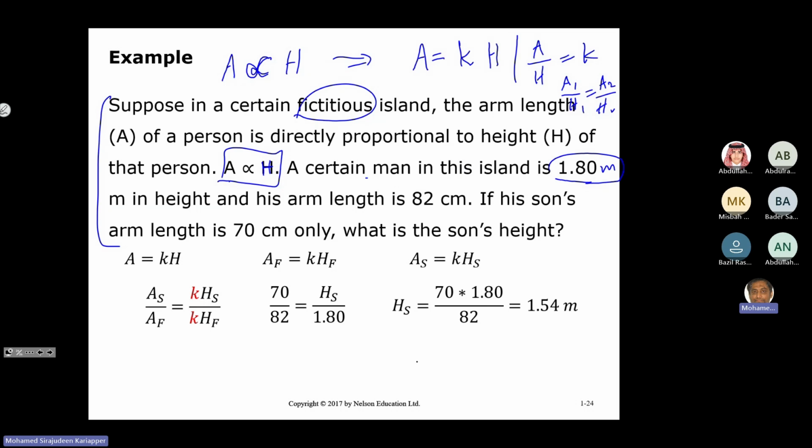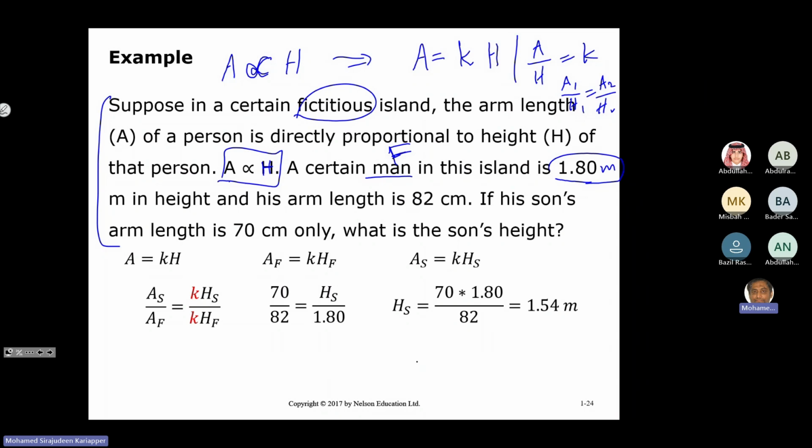Now he is saying there's a certain man in this island whose height is 1.80 meters. Let me take this man as man number 1. Or maybe we use the same symbol here because he's the father. So let me call it F. The man is the father of a certain child, his height is 1.80 meters.